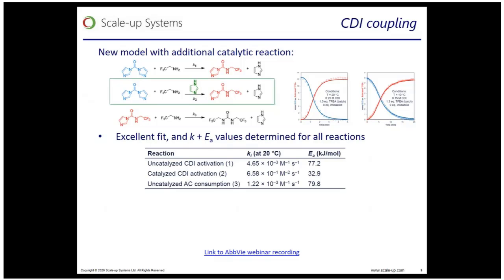Using those fits, they were able to determine rate constants and activation energies for all of the reactions. And when you get values like this, it's always worth doing a bit of a reality check. I think key here was that the activation energy of the catalyzed reaction was noticeably lower than that of the uncatalyzed reaction.